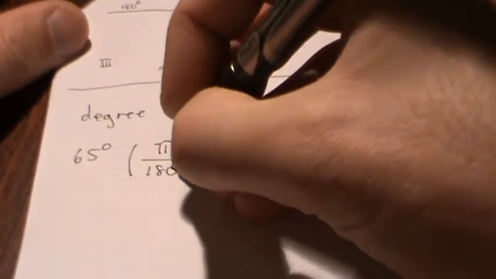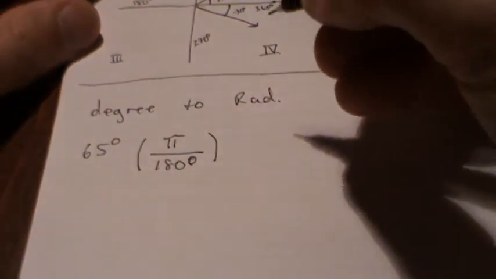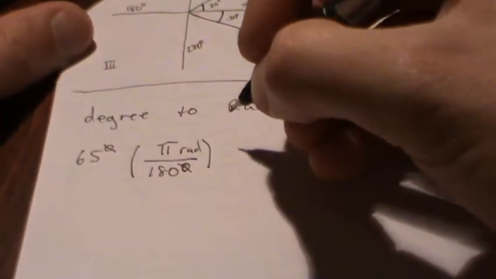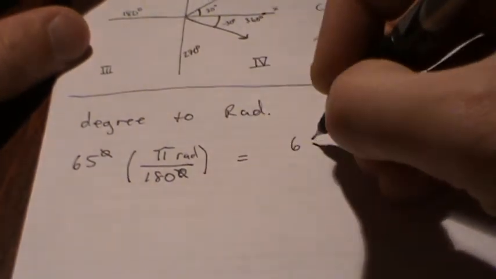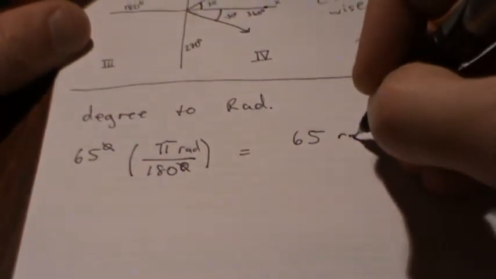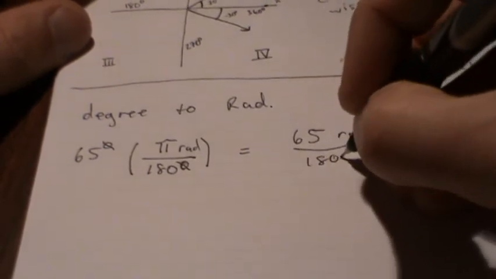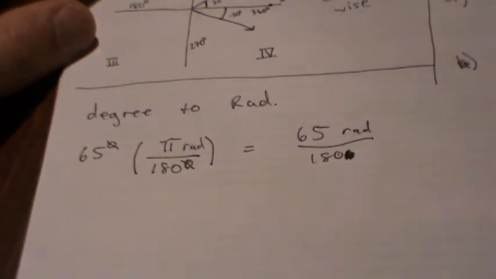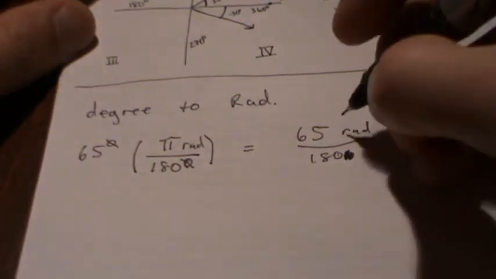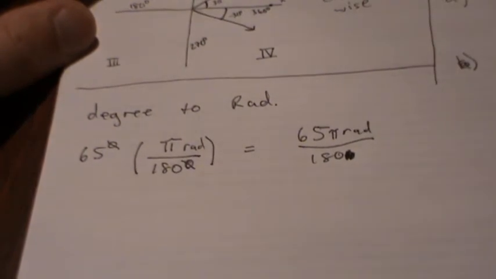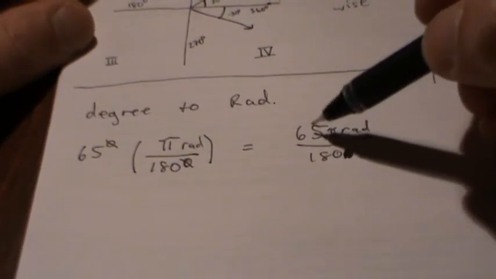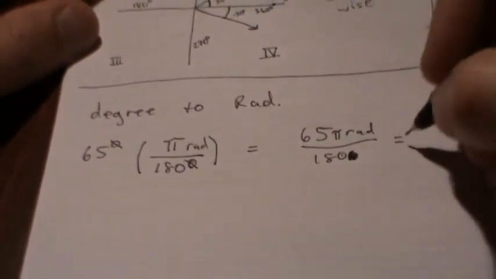Well, you just multiply by pi over 180 degrees, and the degrees cancel, and you're left with 65 pi over 180. Don't forget the pi. And now you're going to have to simplify this fraction a little bit.